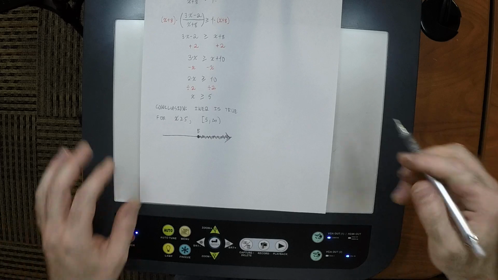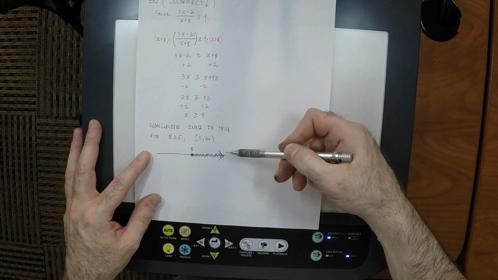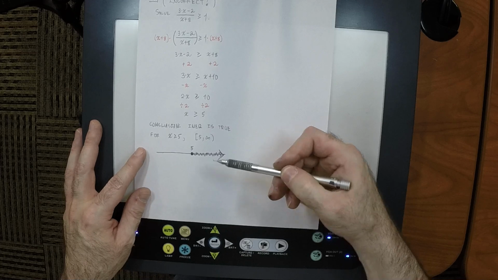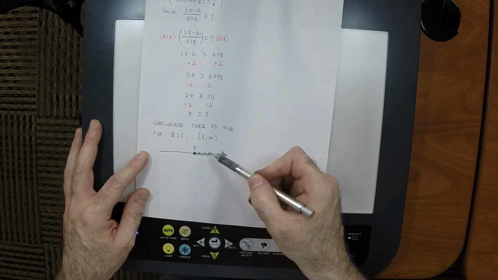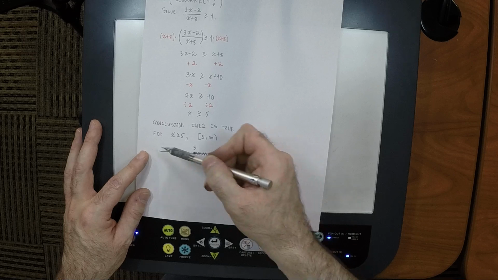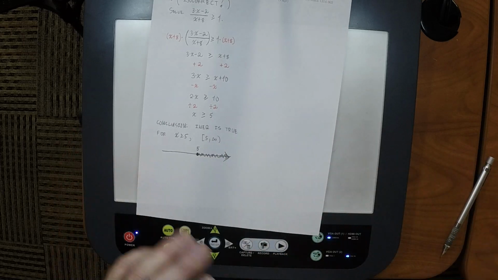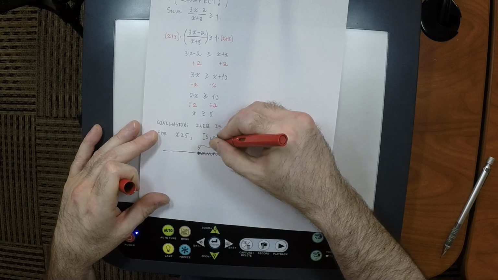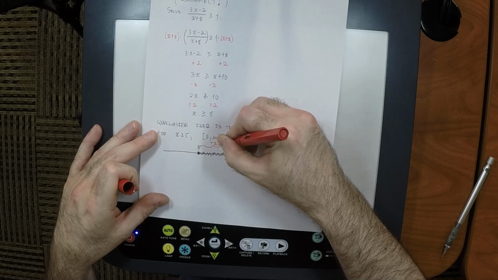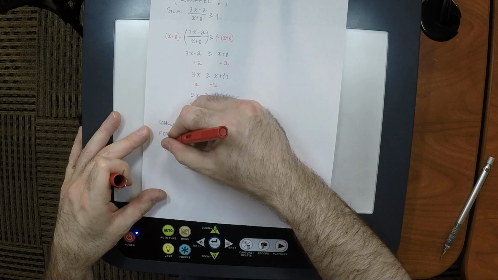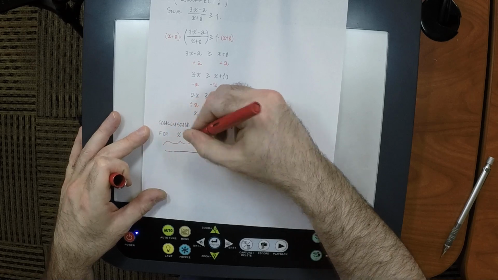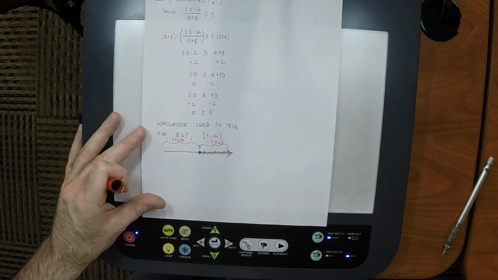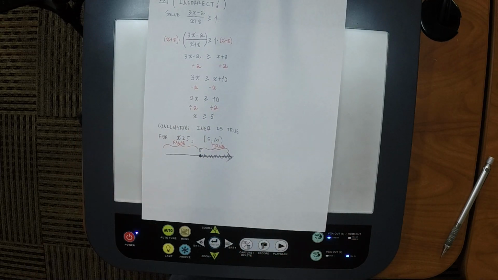So if this is right, then that's what this would mean. The inequality should be true for all of these points and false for all of these. So that's what we're saying. So let's double check that.